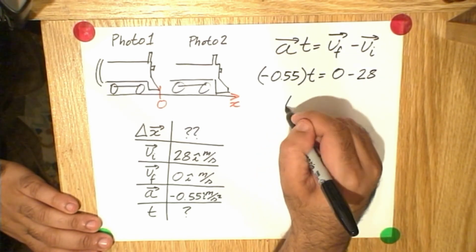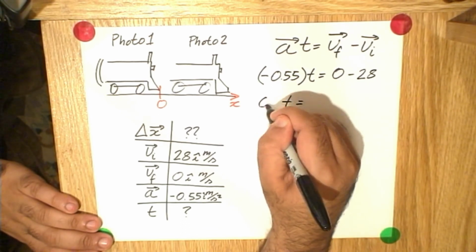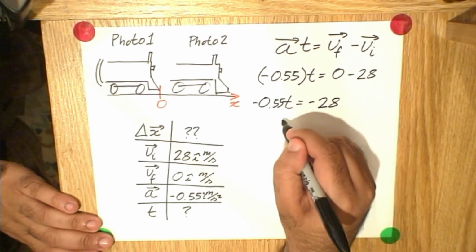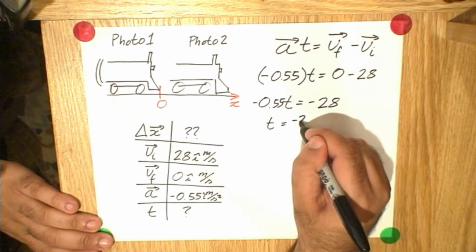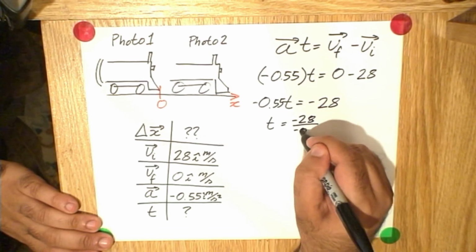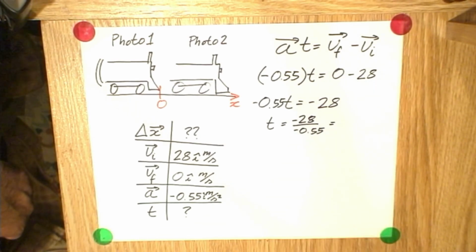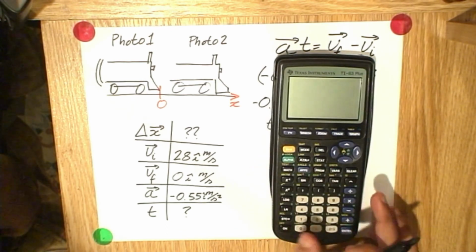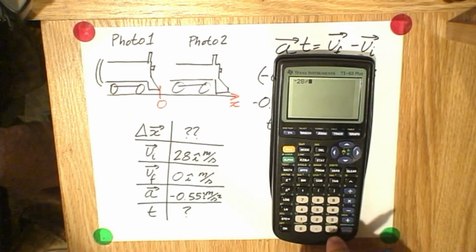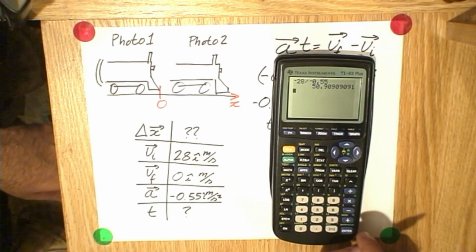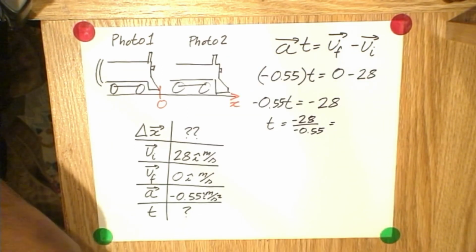So we now have negative 0.55 times time is equal to negative 28. So time is equal to negative 28 divided by negative 0.55, which equals 50.90. Let's call that 50.91 seconds.